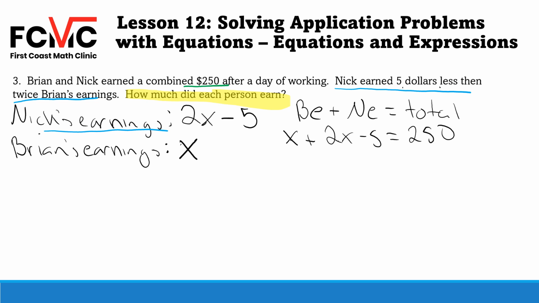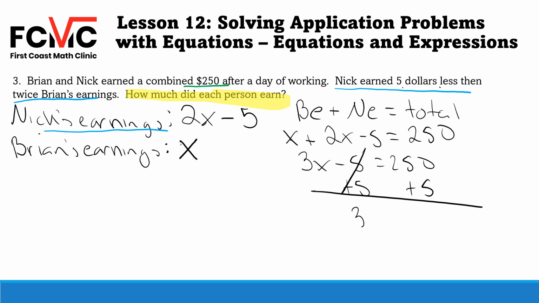So let's combine our like terms. 3X minus 5 equals 250. Let's solve this for X. Add 5, add 5. 3X equals 255, and then divide by 3, and we get X equals 85.